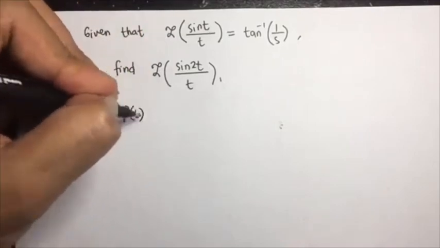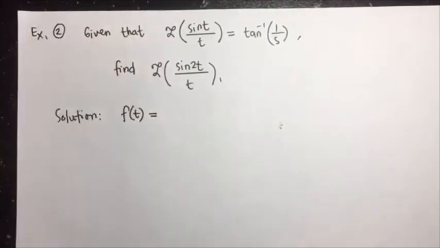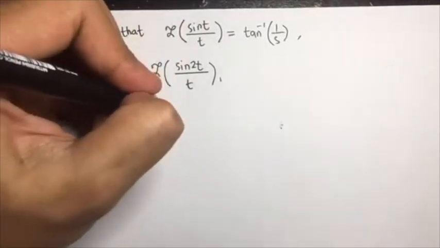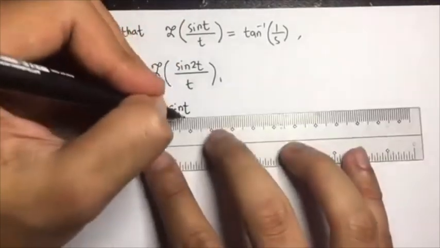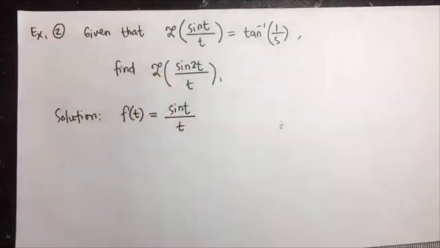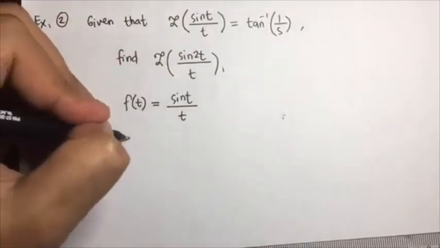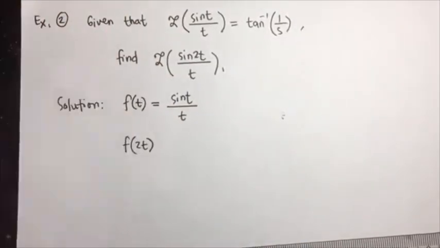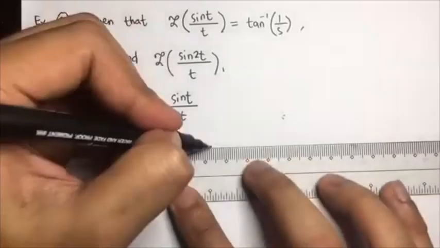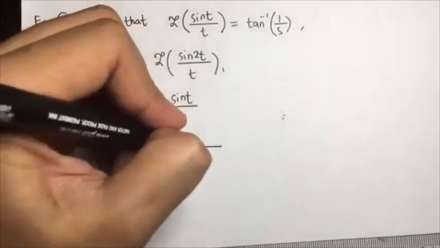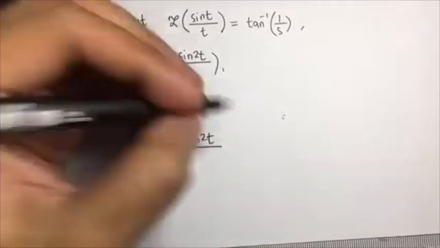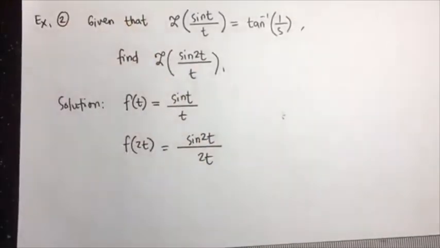If we have f of 2t, then we will replace all the t with 2t, so it will become sine of 2t over 2t.